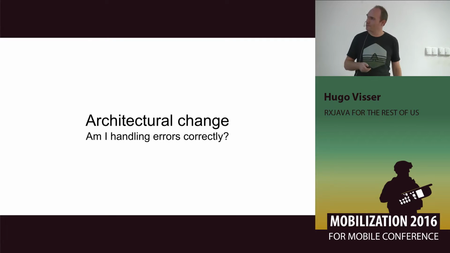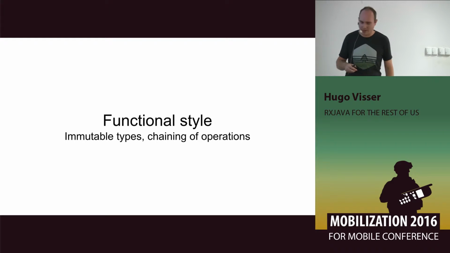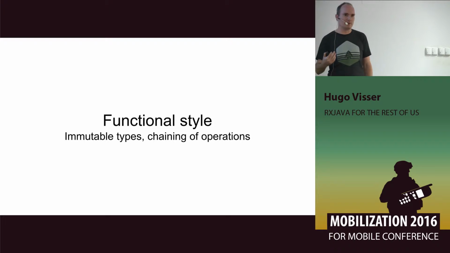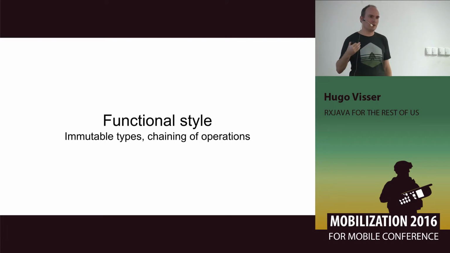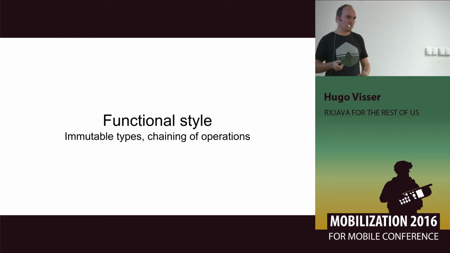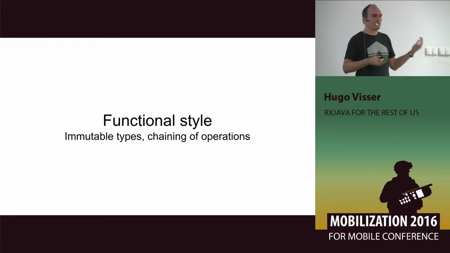And then there's the functional style of RxJava, which again might not be familiar to all developers, especially if you have juniors on your team. It might be hard to get used to the functional style where types are immutable and where we are changing all the operations on the stream, because the observable itself is simple, but where the power comes from is manipulating the stream by using operators.